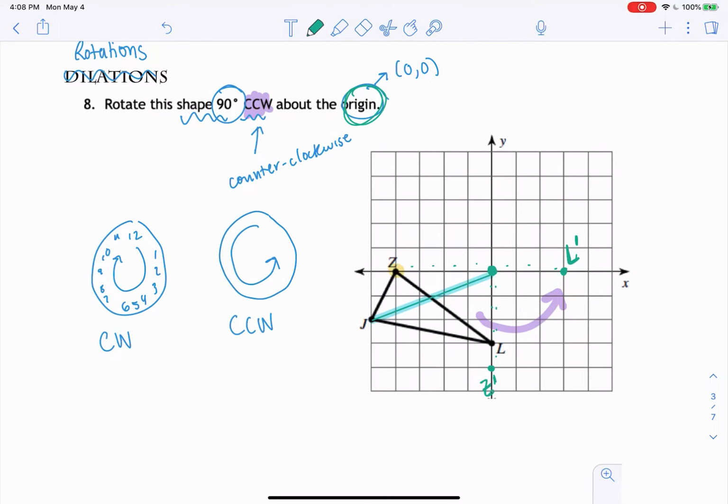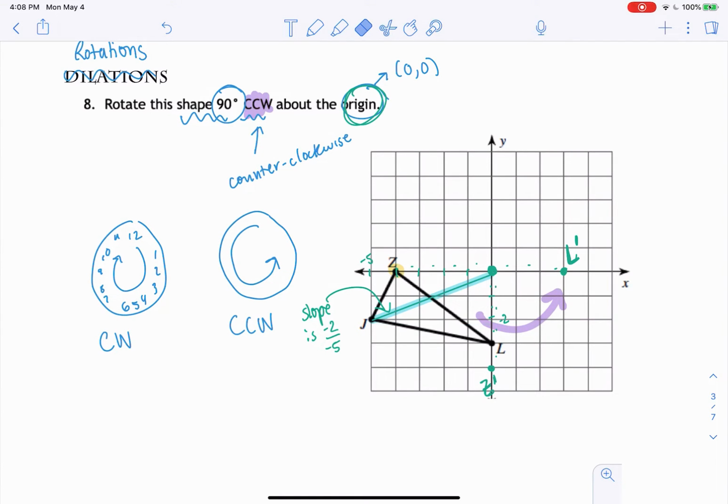So what we're actually going to do is find the slope of the line that's connecting the origin to J. So here we have 1, 2, 3, 4, 5. That's -5. 1, 2, -2. So our slope triangle here, so the slope here is -2 over -5.